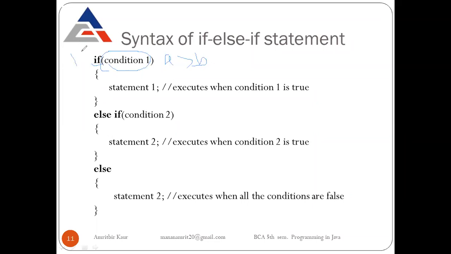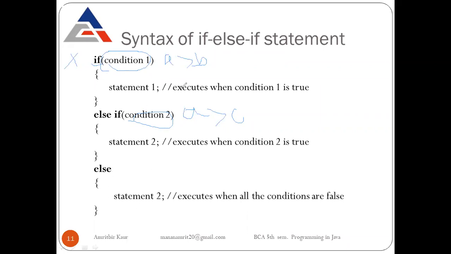For example, a is not greater than b. Then we want to check a greater than c, and for this we use else if condition. Here another condition will be defined, and at the end we define an else statement.